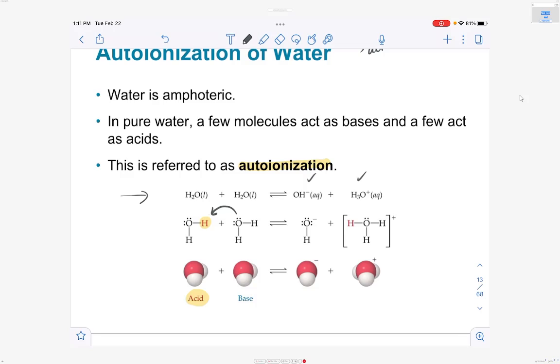So one water molecule is acting as a Bronsted-Lowry acid here, donating a proton. The other water molecule is acting as a Bronsted-Lowry base, receiving a proton, producing hydroxide and hydronium ions. This forward and backward reaction occurs extremely fast.